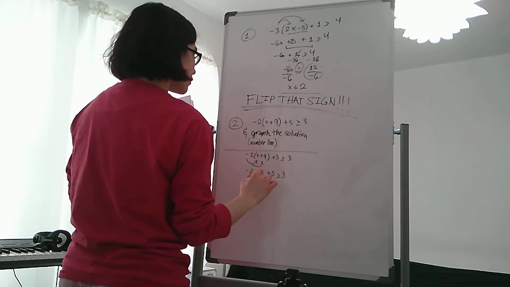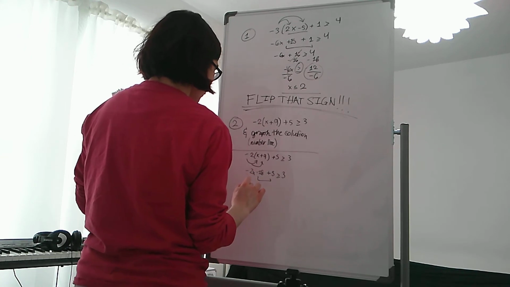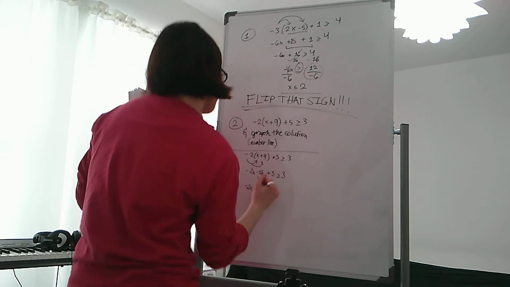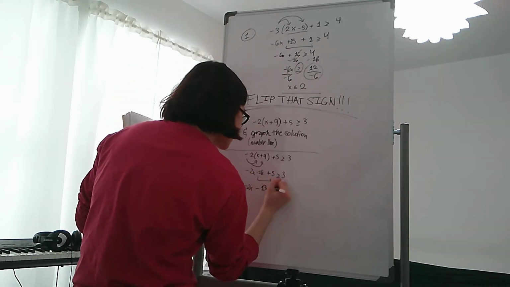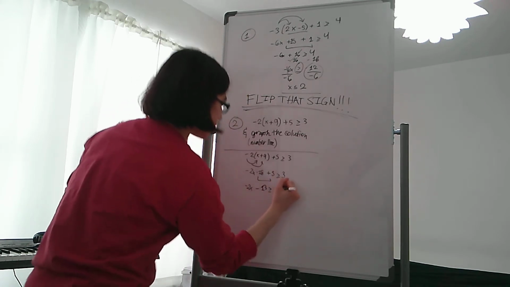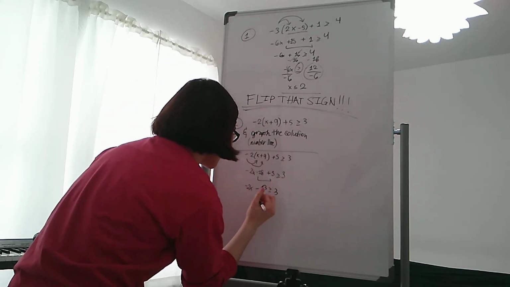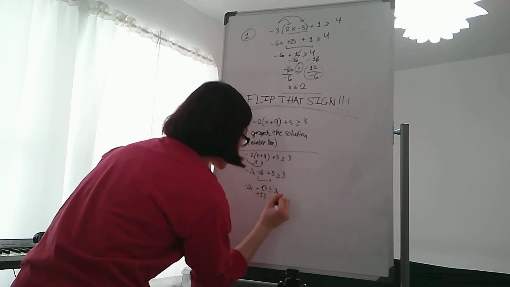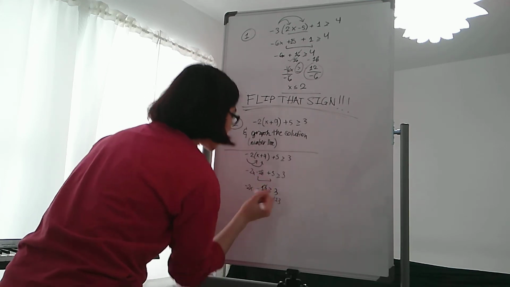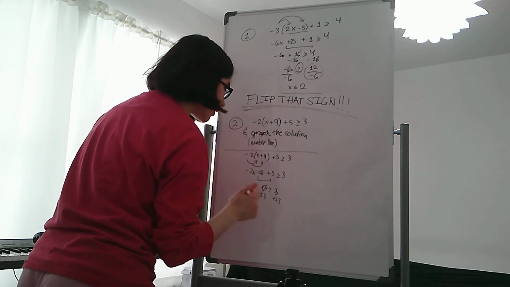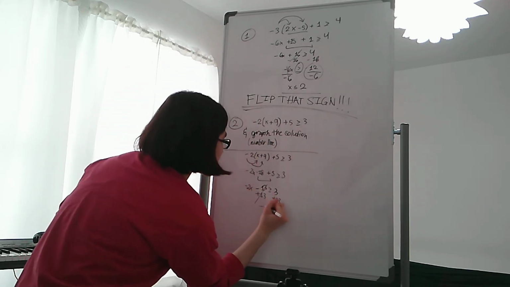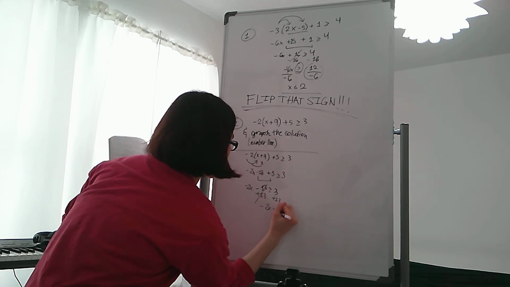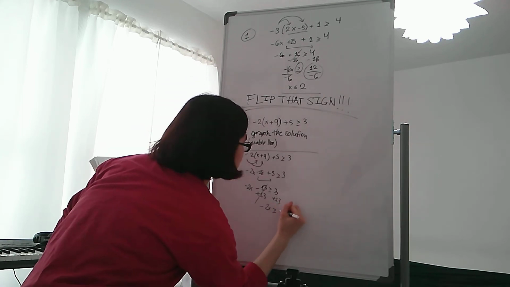And now we're going to again combine like terms. -2x minus 13 is greater than or equal to 3. Now we're going to add 13 to both sides, the inverse of the subtraction, to cancel out the 13 on the left of the inequality. So -2x is greater than or equal to 16.